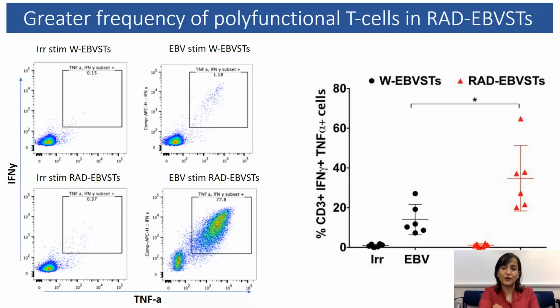And this is also further shown in this graph, where you do see that statistical difference in the increased frequency of polyfunctional cells as defined by interferon gamma and TNF-alpha positive cells in our assay.